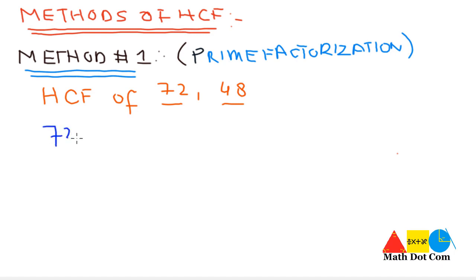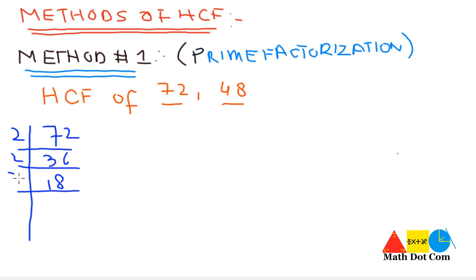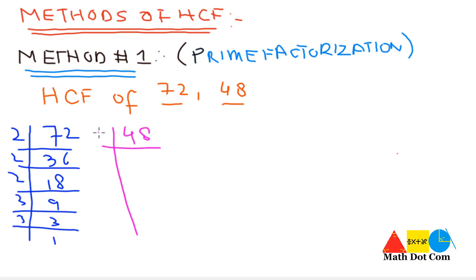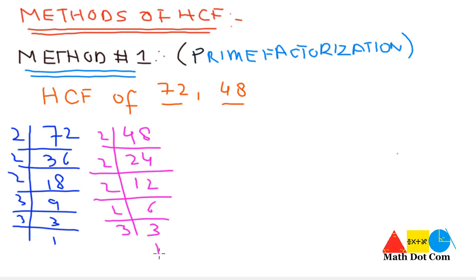For 72: 2, 36; 2, 18; 2, 9; 3, 3; 3, 1. And the prime factors of 48: 2, 24; 2, 12; 2, 6; 2, 3; 3, 1.